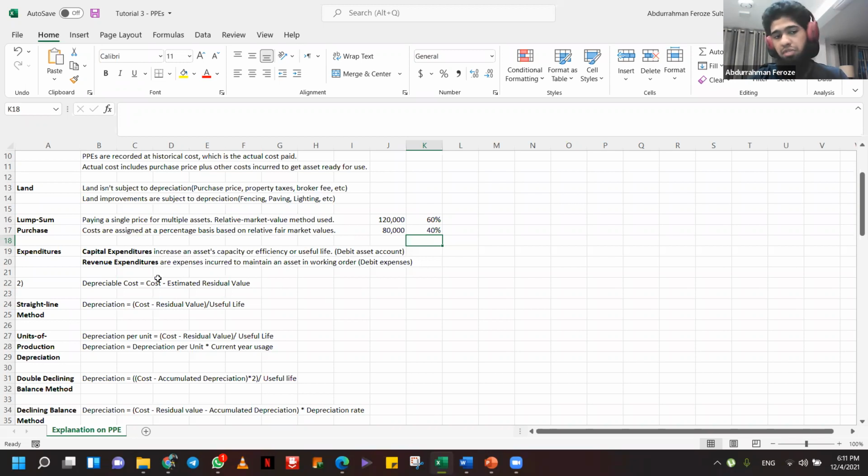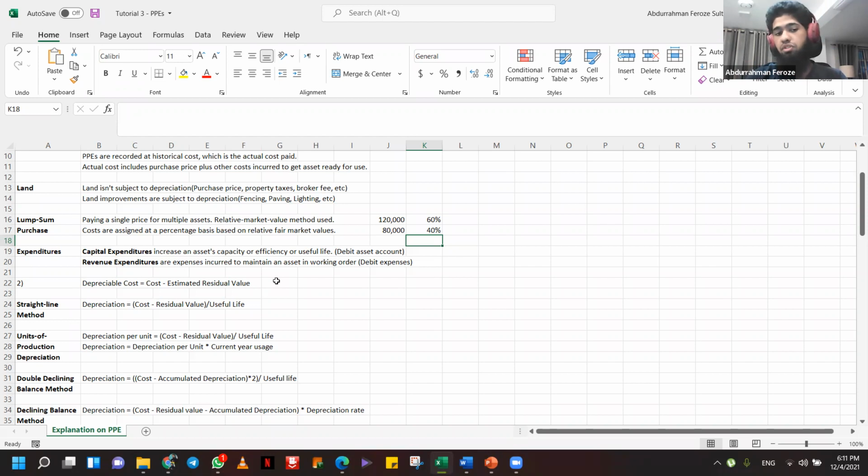So there are two types of expenditures: capital expenditures and revenue expenditures. Capital expenditures are any expense that you incur that increases your asset's, the PPE's, capacity or its useful life. So this will add to the value of the asset.